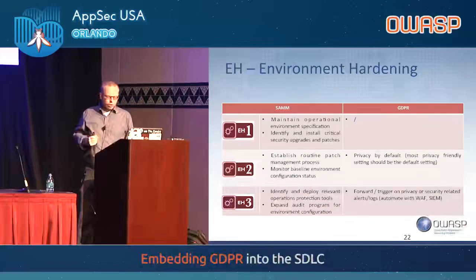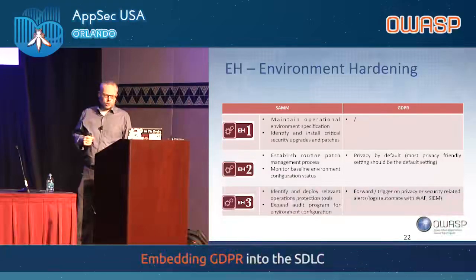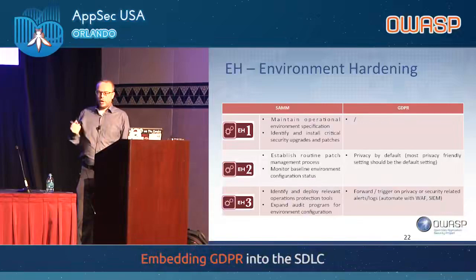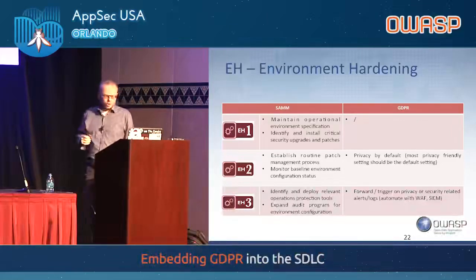Of course, you still need to do also the environment hardening, which is also something that was already mentioned during the development lifecycle. So these configuration guides now need to take into account that privacy should be there by default. That is something you might, depending on how you build your organization, be able to put in a configuration somewhere.